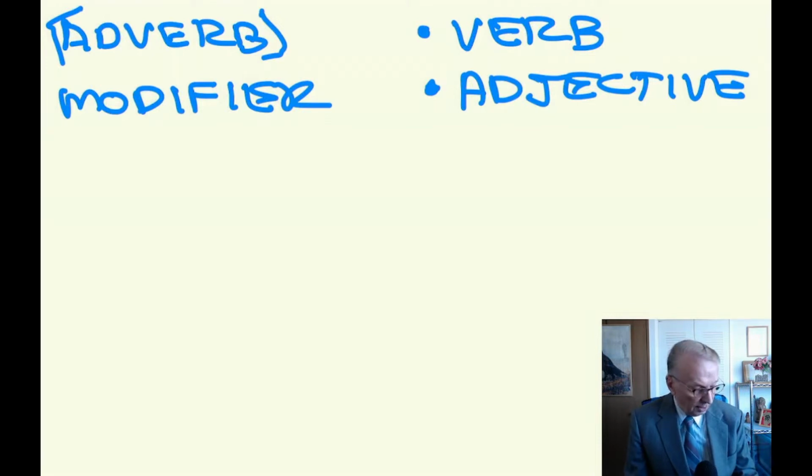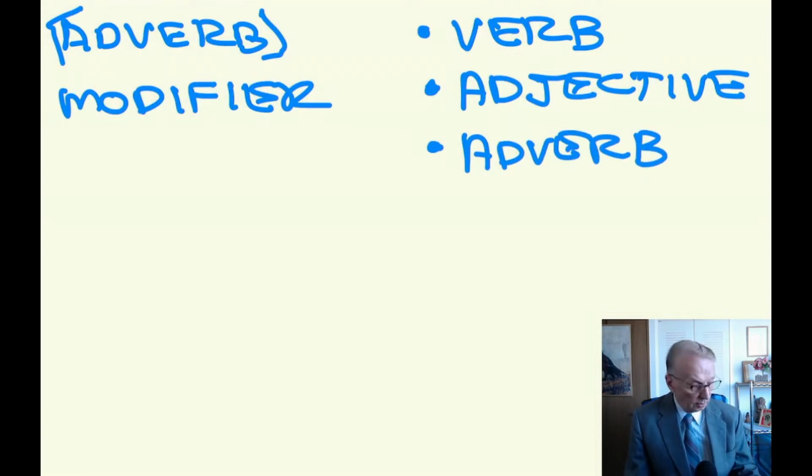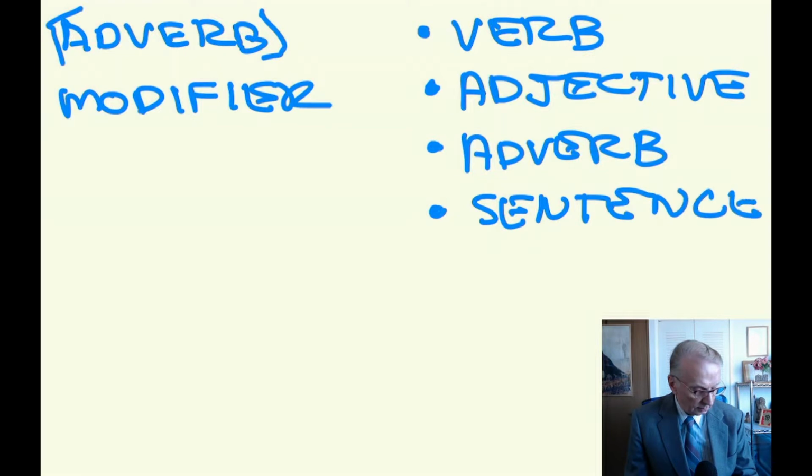It can modify another adverb, fukushi, or it can modify a sentence. Okay, these are some grammar rules. You don't have to think about these all the time when you're speaking English. But the thing I want you to remember in this case is, notice, verb, adjective, adverb, or a sentence. An adverb cannot modify a noun.